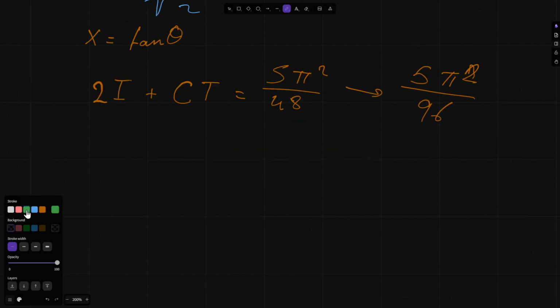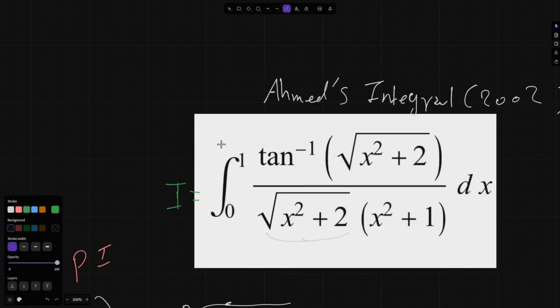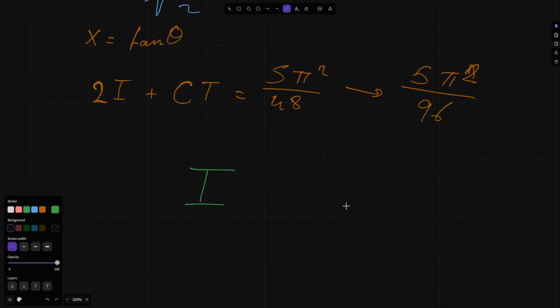It's going to become, as I, the starting value, the starting question itself, where I is equal to this, I is going to become now 5 pi square over 96. Yeah.